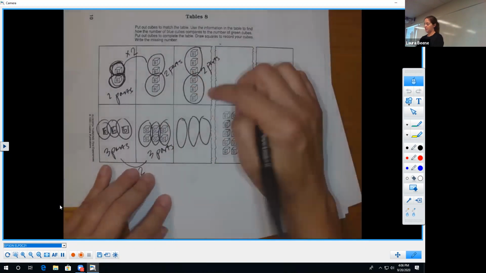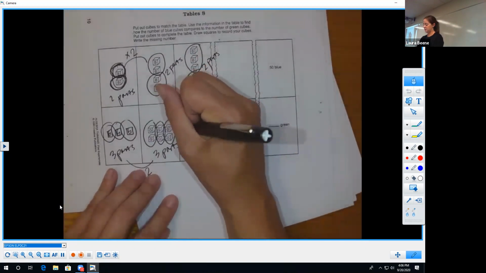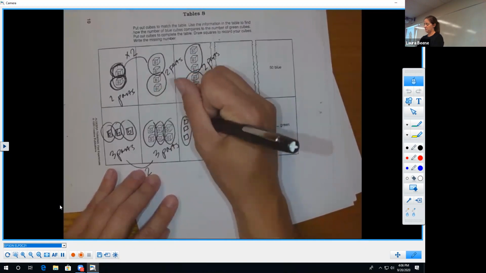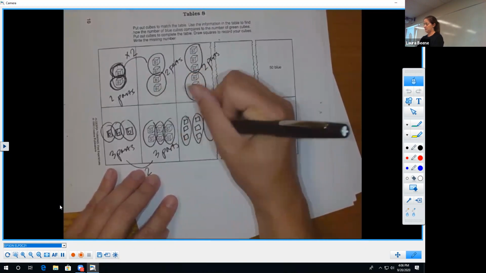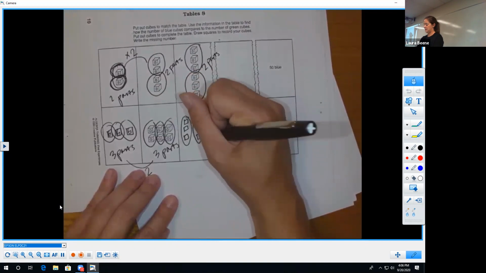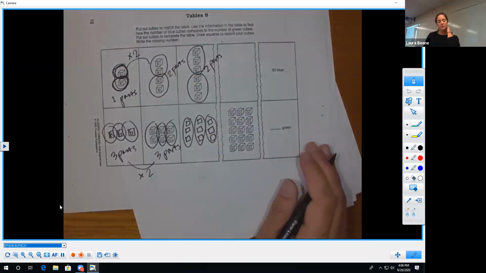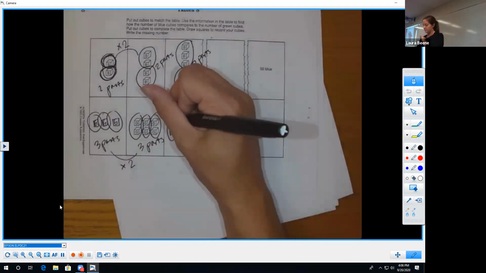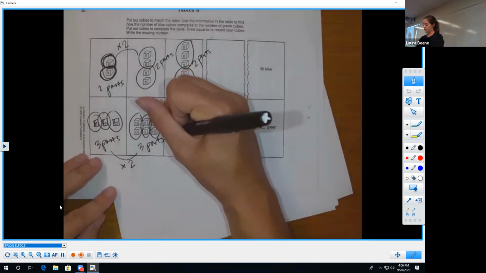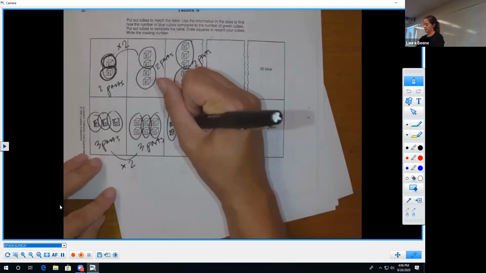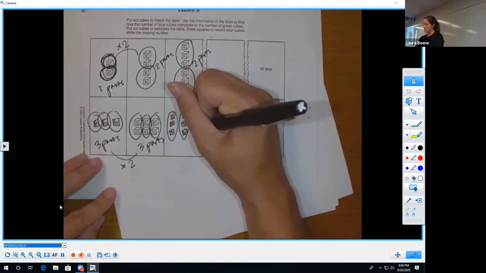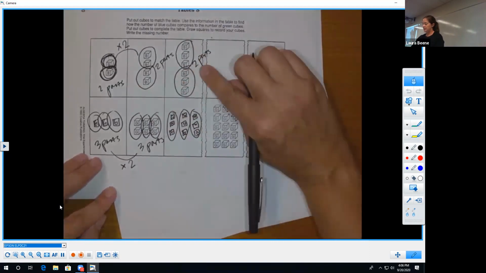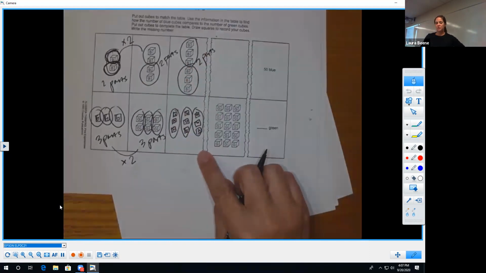And again, there are 3 blocks in each group. So 1, 2, 3, 4, 5, 6, 7, 8, 9. And those are all green ones here, obviously. Okay, so for every 6 blues, there are 9 greens.